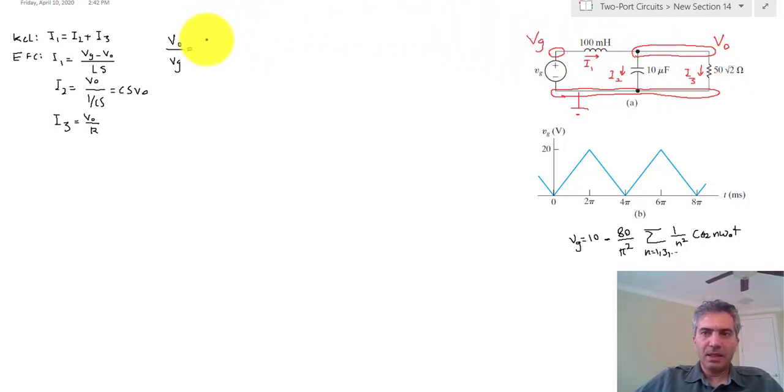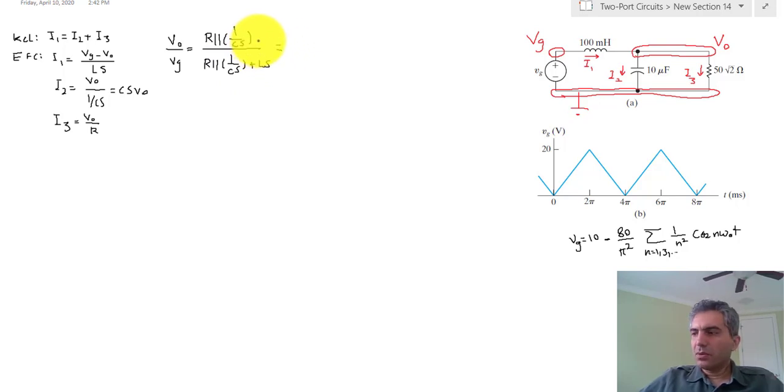So let's just rewrite that, and it's going to be the same thing once you do it here. So it would be the resistor in parallel with 1 over Cs, over the resistor in parallel with 1 over Cs, plus Ls.